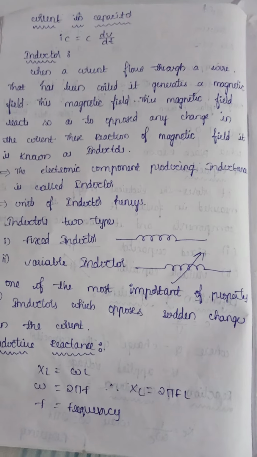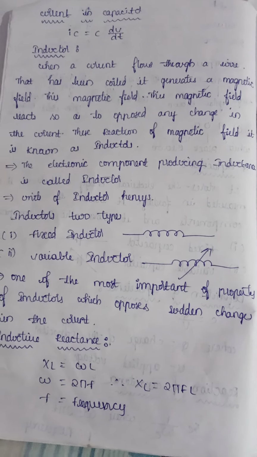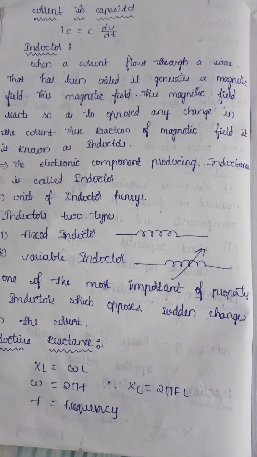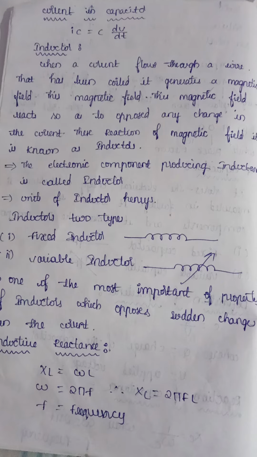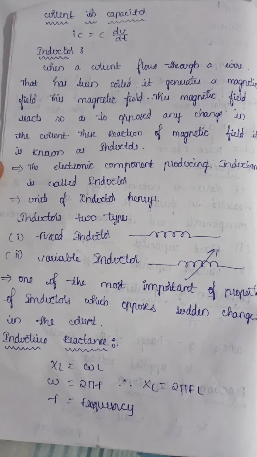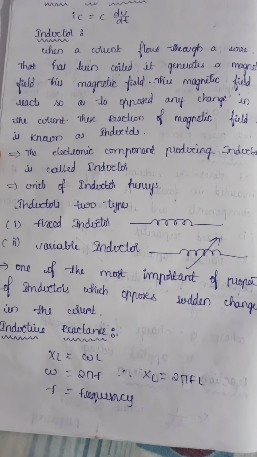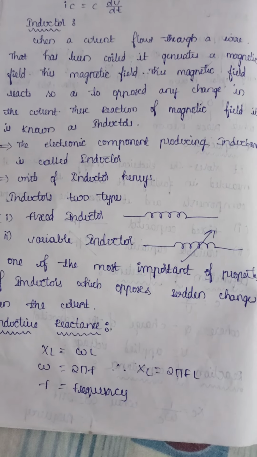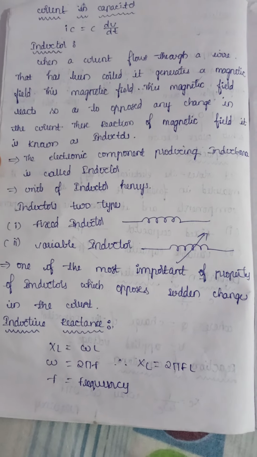This reaction of the magnetic field is known as inductance. Generally, the component that produces inductance is called an inductor. One of the most important properties of the inductor is that it opposes sudden changes in the current.